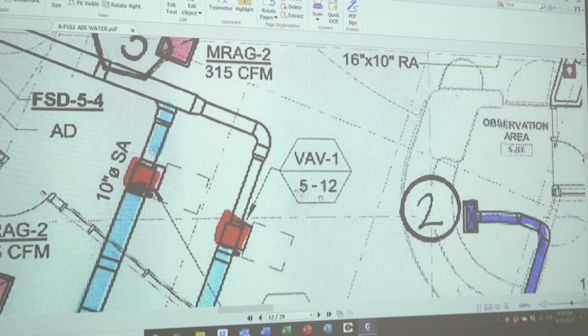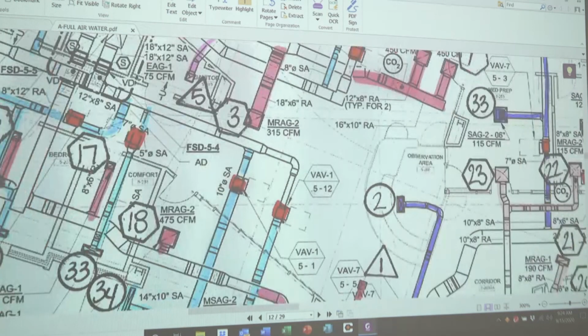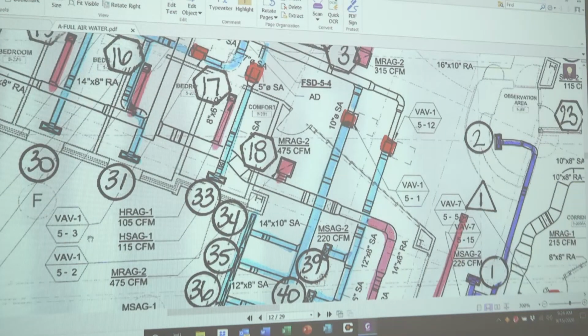As you'll see, all of these VAVs will be provided with a 1. Those mean that they're associated with air handler unit number 1. The 5 represents the floor that the VAV is installed on, and the following number is the identification unique to that box.